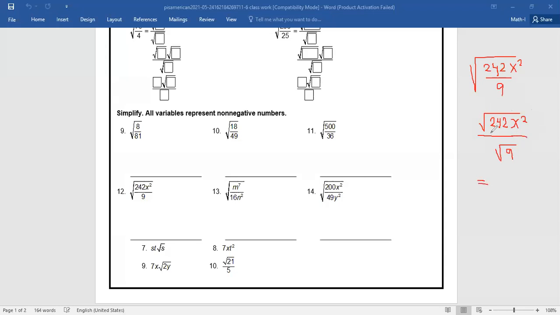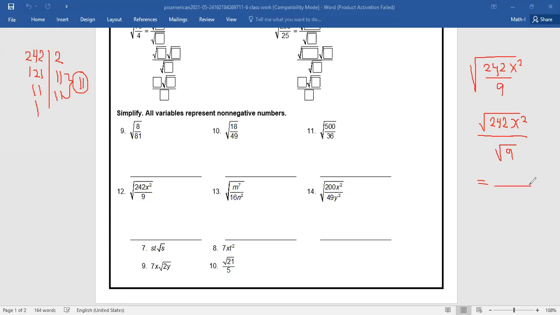After that, we can find the square root of 242. 242 divided by 2 equals 121. Then divided by 11, it will be 11. Divided by 11, it will be 1. We will take one 11 out, so it will be 11, and we will keep 2 under the radical sign.